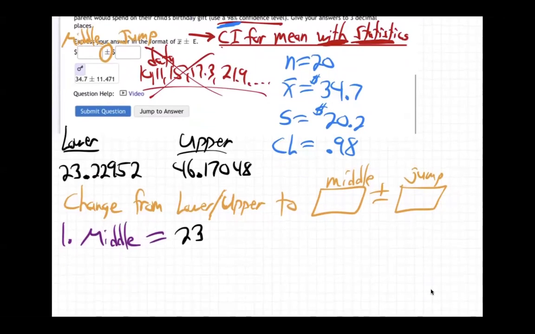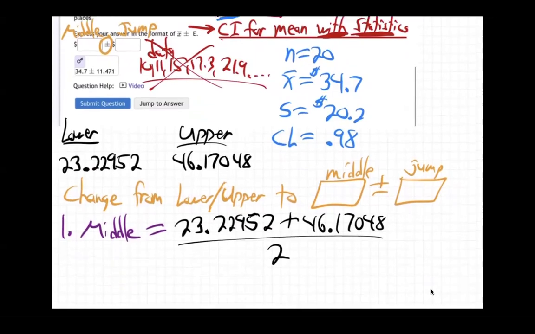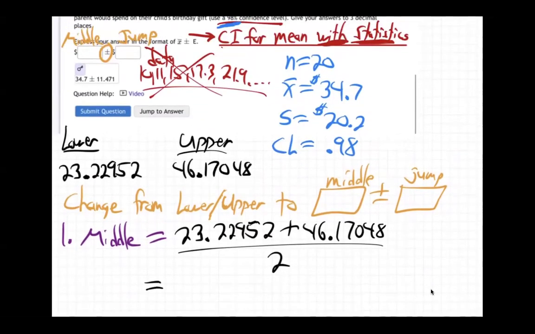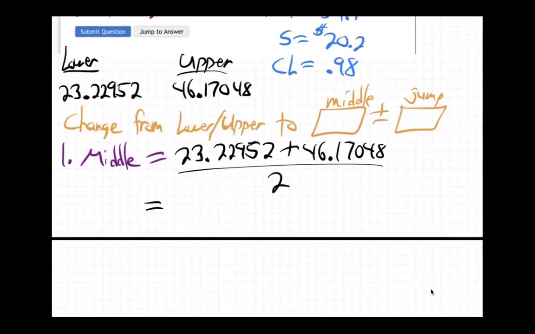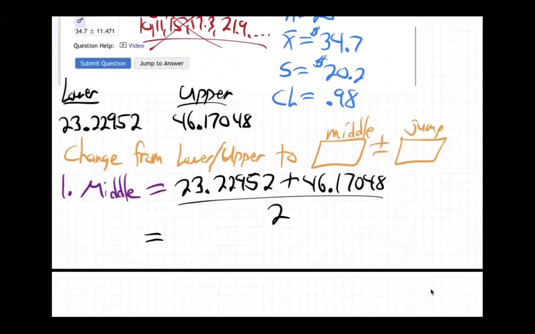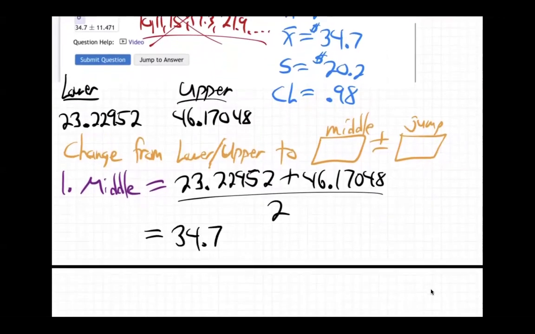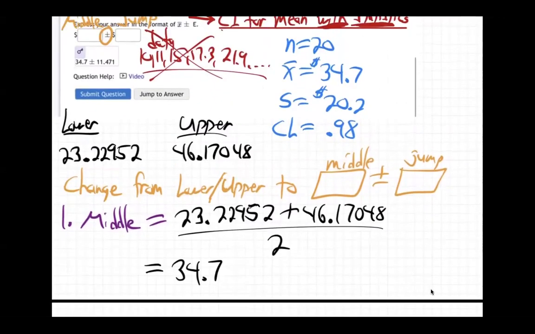You add them up and divide by 2. So 23.22952 plus 46.17048 divided by 2. And we're going to get 34.7. That's the first answer, 34.7. See, 34.7 is right in the middle of 23 and 46.